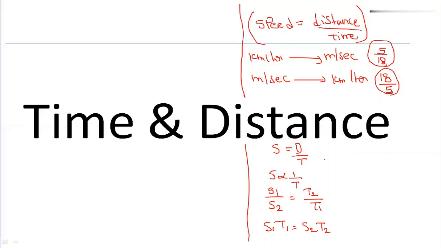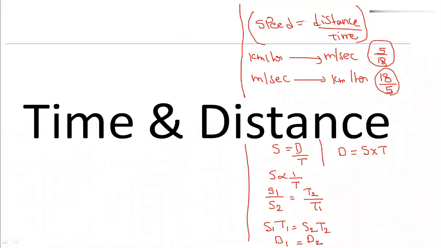Okay. Just try to understand: if speed is equal to distance by time, I can write distance is equal to speed into time. If that is the case, can I write S1 T1 as distance 1 and S2 T2 as distance 2? Yes or no? Please respond, guys.